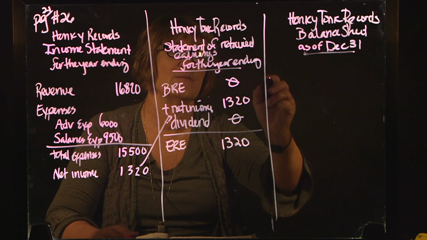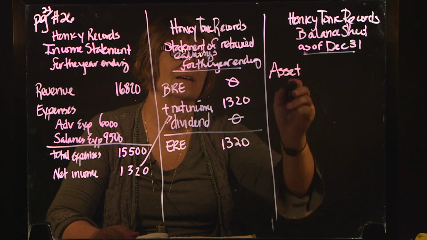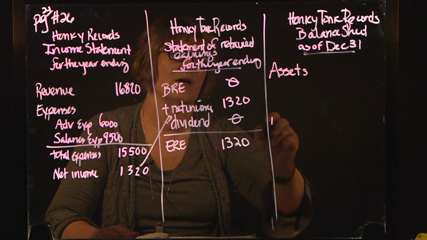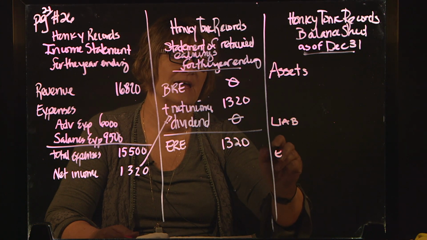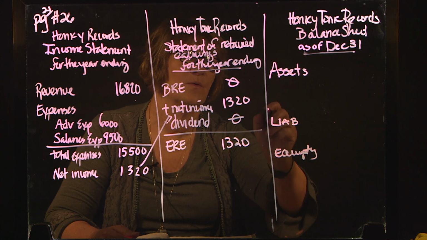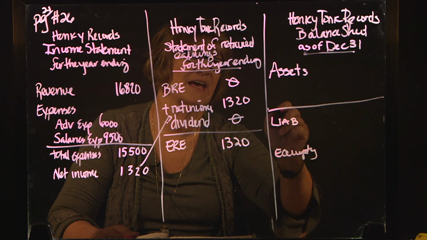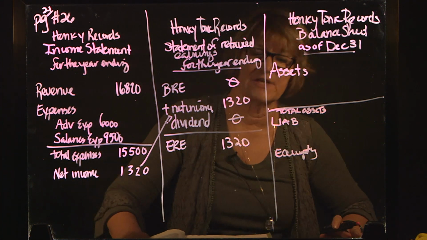Okay. Now the balance sheet has on it assets, liabilities, and equity. So what we also know is that total assets equal liabilities and owner's equity.